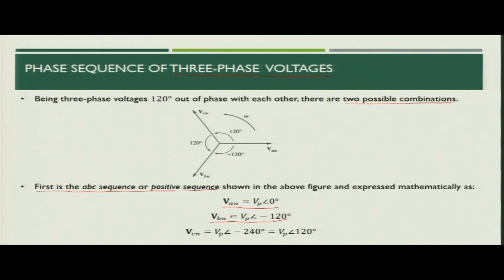So VBN will be VP angle minus 120 degree and VCN will be VP angle minus 240 degree, or you can say VP angle 120 degree. In that case, the ABC sequence rotates counterclockwise, in the direction of the rotation of the rotor of the generator.